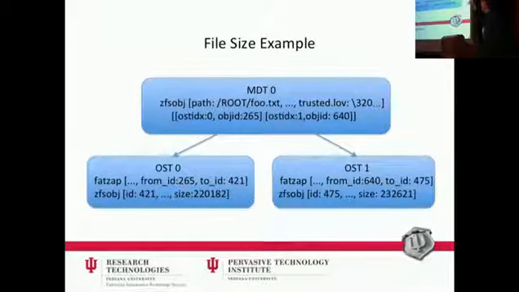You then go over to OST 0, as I was showing before. This was the example before. You see on the FATZAP you've got a from and to. Then on the ZFS object, you go 265 to 421, 421 to 220, 182. Then you do the same thing on OST 1. You add them together, and you have the size of your file.